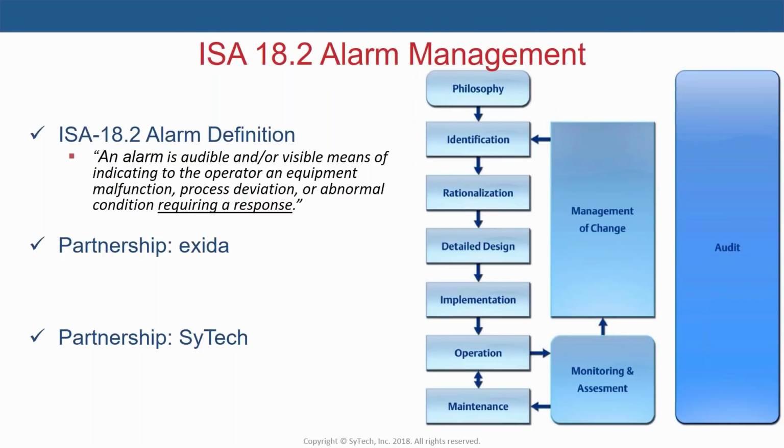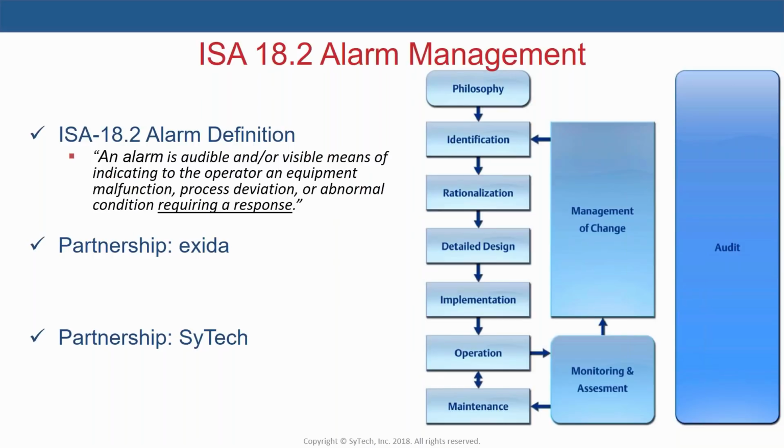So a little bit more about covering the alarm management lifecycle, and you can see again the standards. Besides creating this alarm management life cycle, we also defined what an alarm should be, and you can see that here, and we'll reference that a little bit later. An alarm is an audible and or visible means of indicating to the operator equipment malfunction, process deviation, or abnormal condition requiring a response.